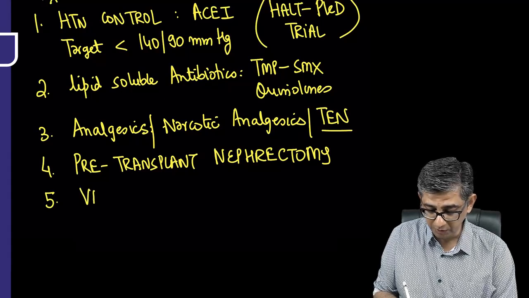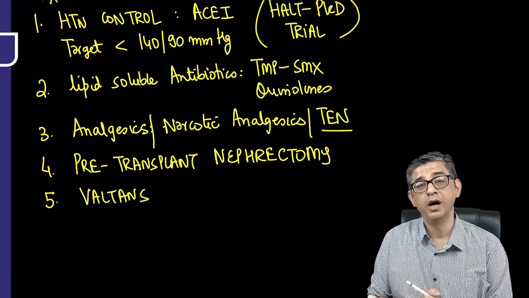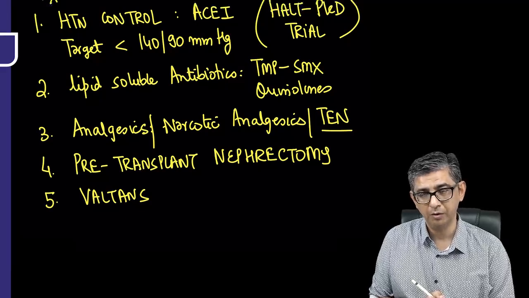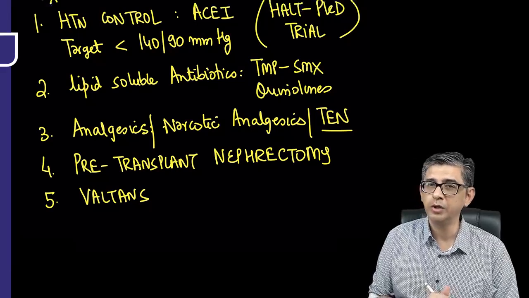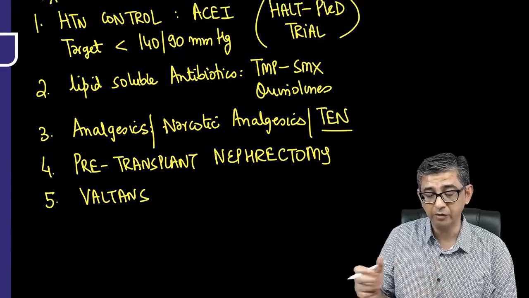Apart from this, there are a couple of drugs which have been used aggressively in these patients, especially if you have a high chance of progression, like female patients with multiple pregnancies. You don't need to remember that, but just generally, I'm telling you, female patients with multiple pregnancies who have polycystic kidney disease tend to deteriorate faster.